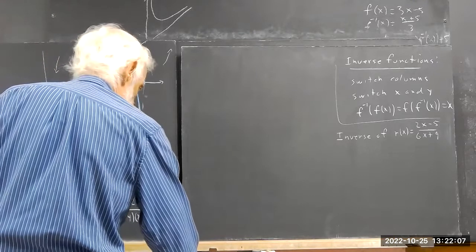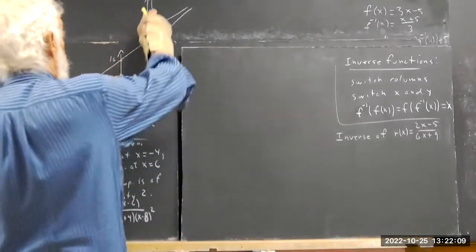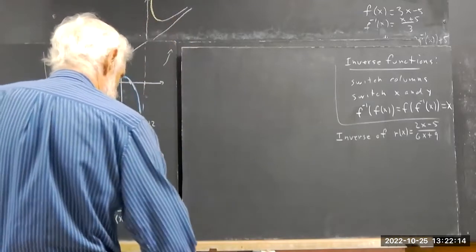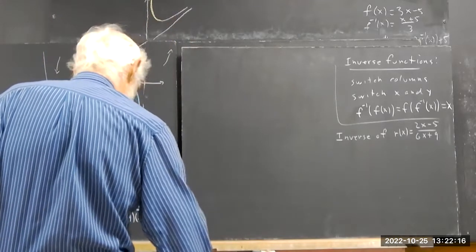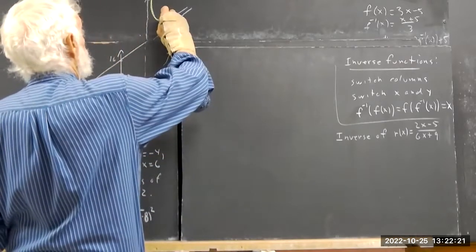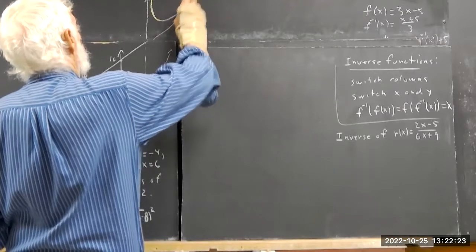Or we have a branch here, which is 1 to 1. And then up here, we have a branch, which is 1 to 1. And then we have another branch where it's 1 to 1.